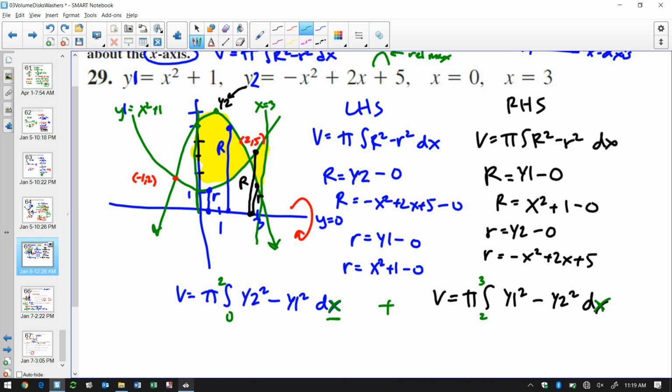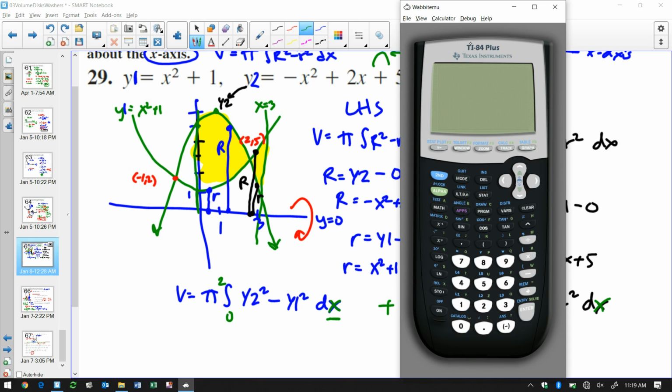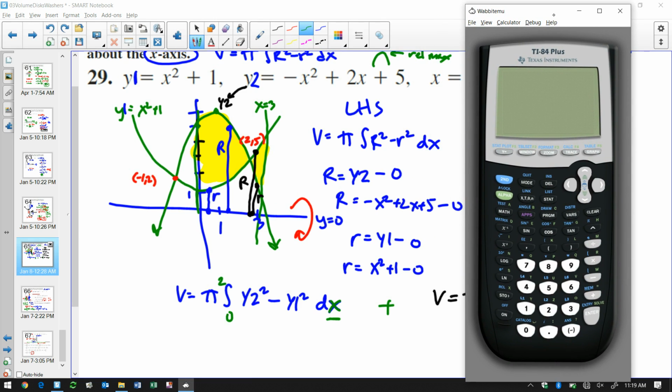Now, I can do this easily by putting this into the calculator. Let me stow things into my calculator, and I think these will be easier. I'll call y2 in my calculator negative x squared plus 2x plus 5, and I'll call y1 in my calculator x squared plus 1. So let's see how this turns out. Get out your calculators and turn it on. Okay, y1, I'm going to stow that as x squared plus 1.